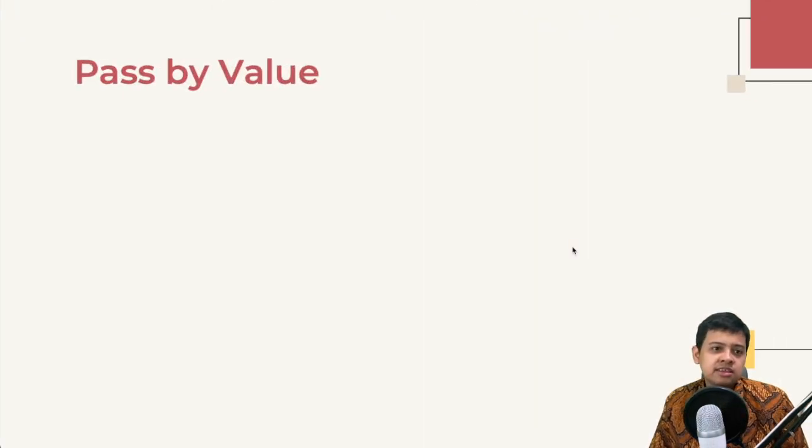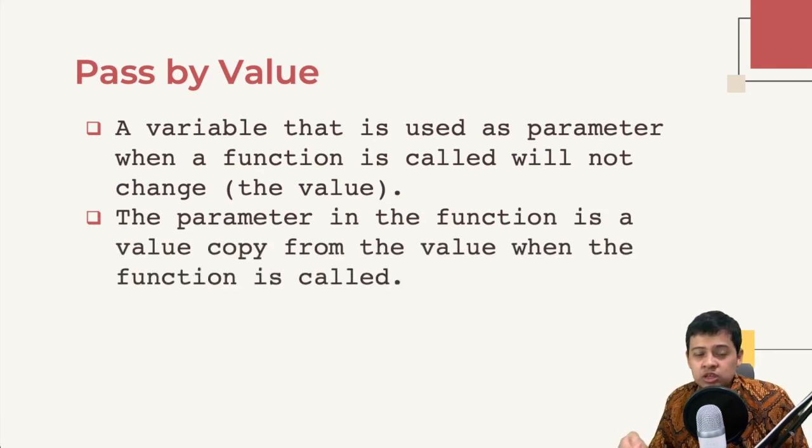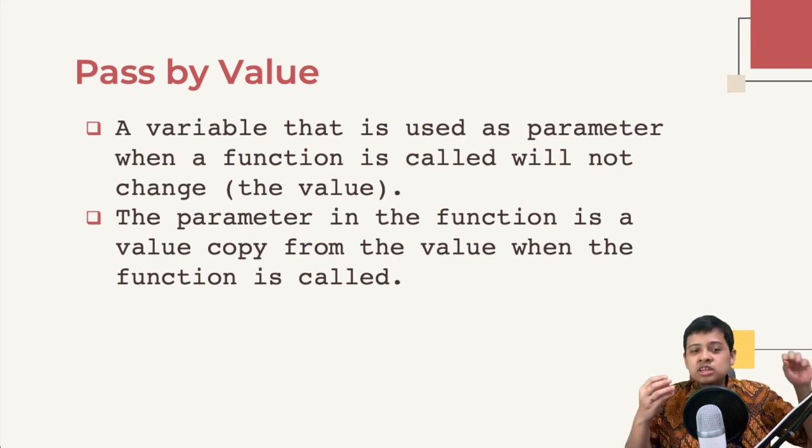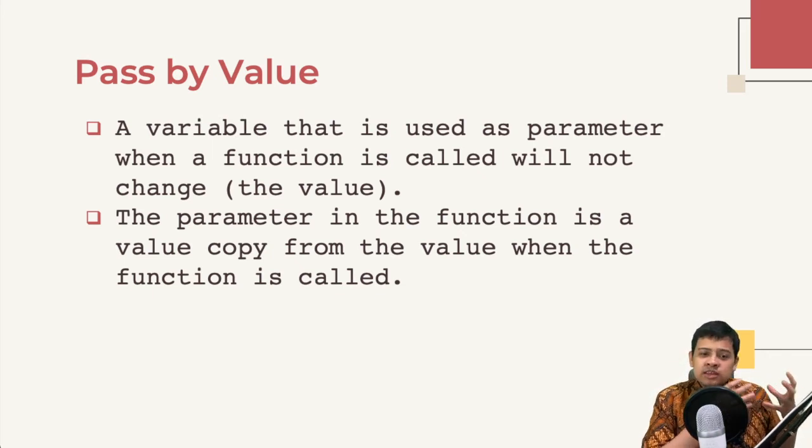Let's see. Pass by value is that a variable that is used as parameter when a function is called will not change. So the value will not change if we use a variable as a parameter and we do something inside of that function. Like we increment the parameter, we divide the parameter, and so on.